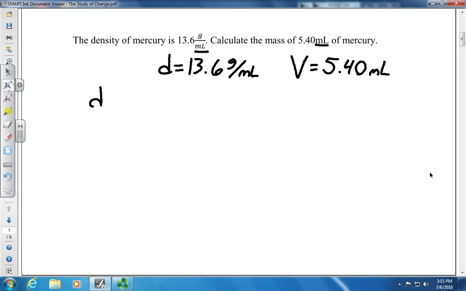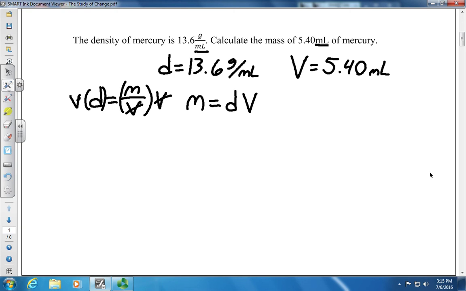So going back to our density equation, density is equal to mass over volume. We can solve for mass simply by multiplying both sides by the volume. Volume and volume cancel each other out on this side, and we're left with mass is equal to density times volume.